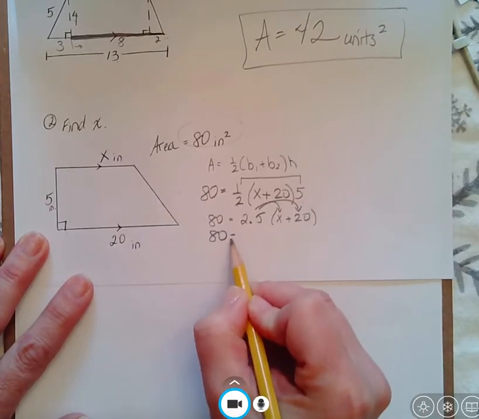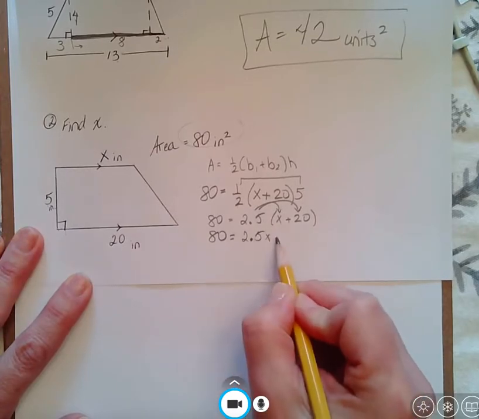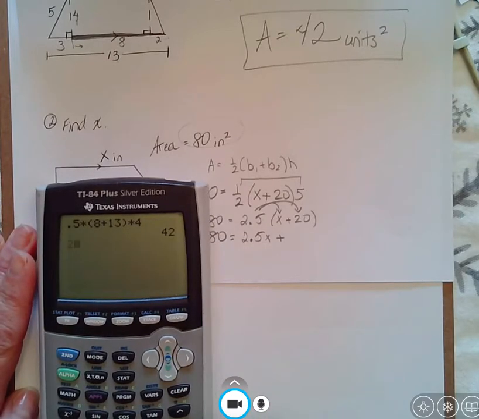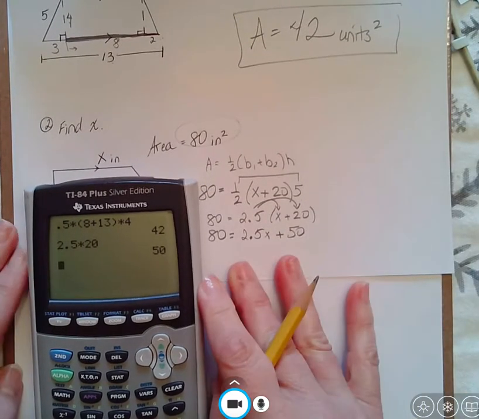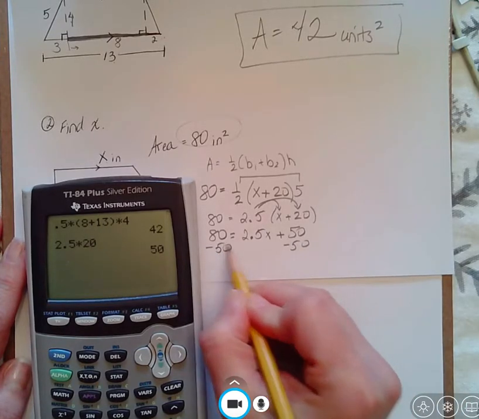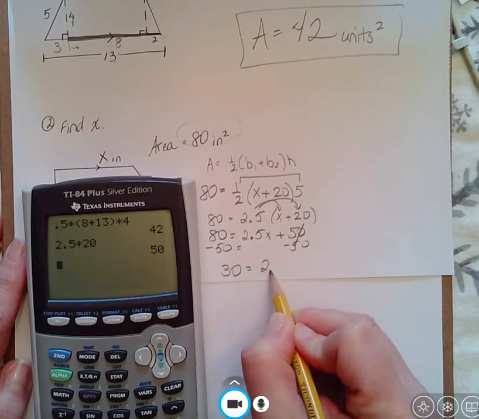So now I have 80 is equal to 2.5x plus, let's pull it out, right? 2.5 times 20. Minus 50, minus 50. 80 minus 50 is 30.